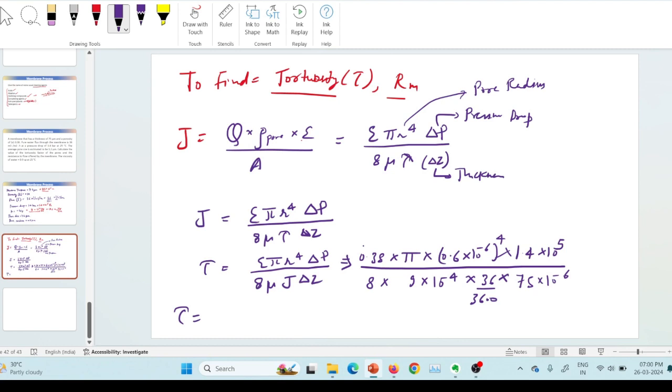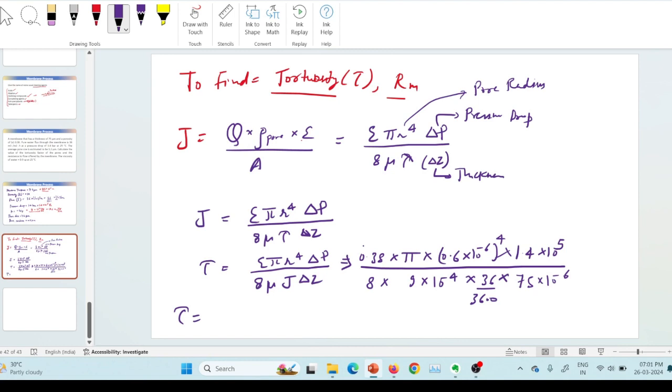Consider minus 20. So simplify. There is something wrong in the formula also.